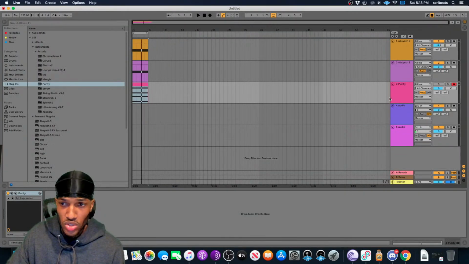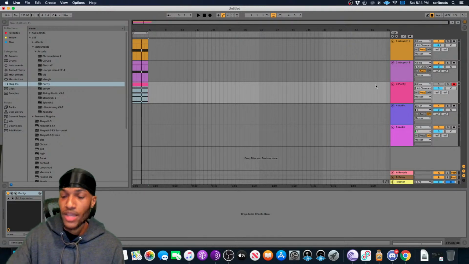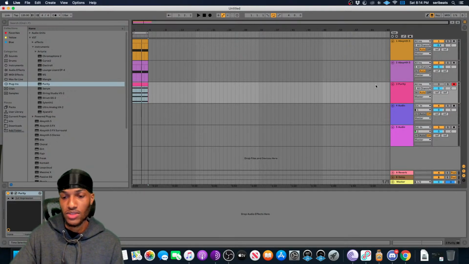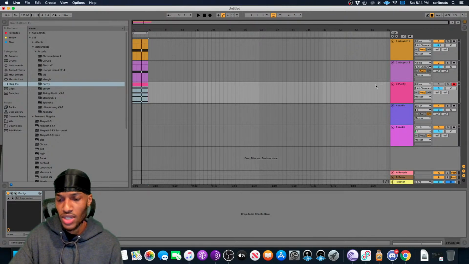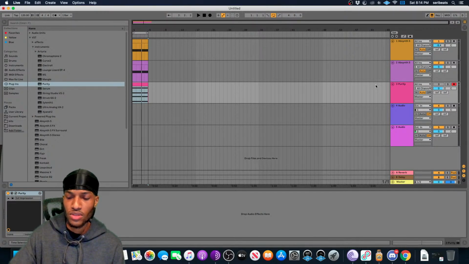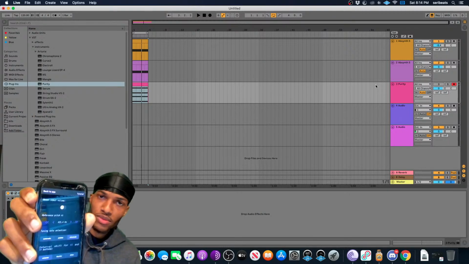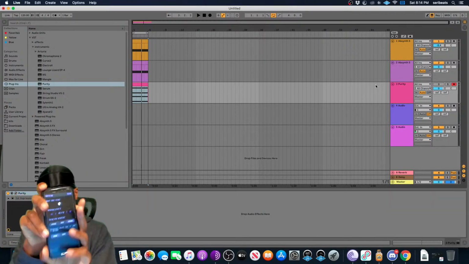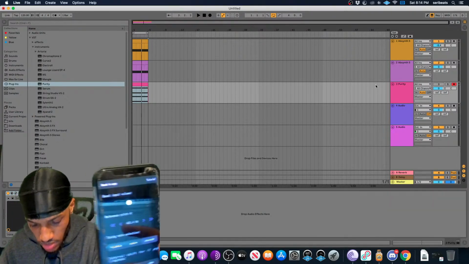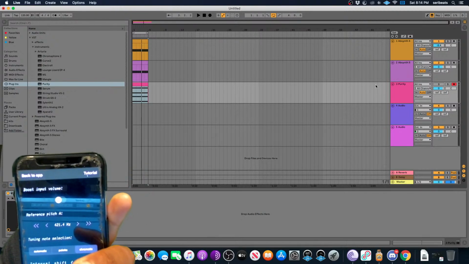So the last point I wanted to make before I explain how you tune stuff. So you see how the wave was unstable, right? So if I get a tuner, I have a special tuner app, it's called Helix Tuner, and I've set it up to be 421.38.